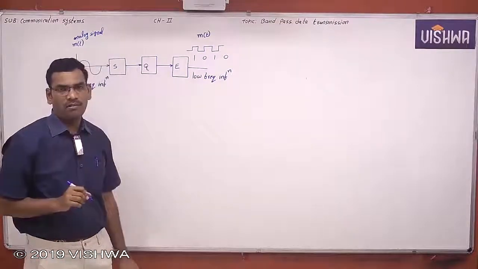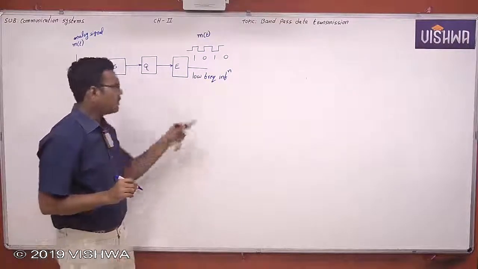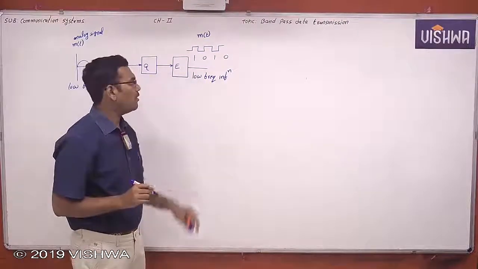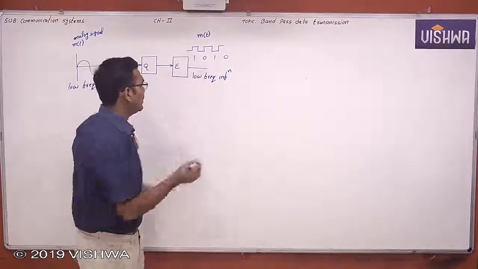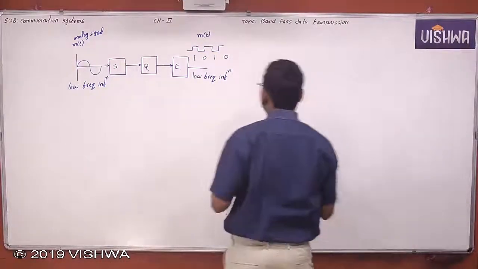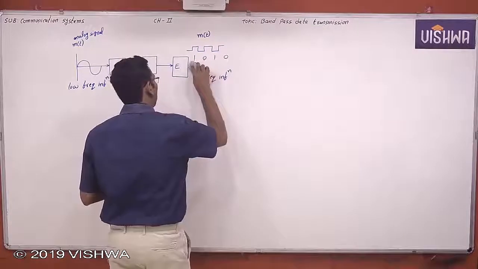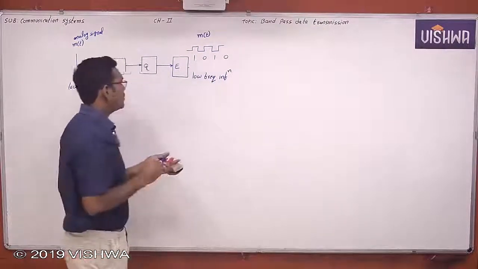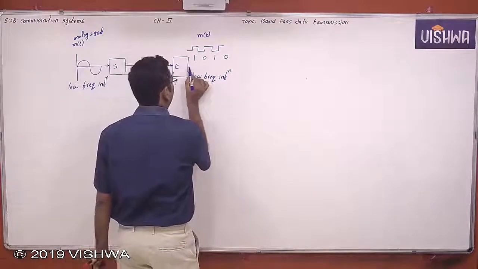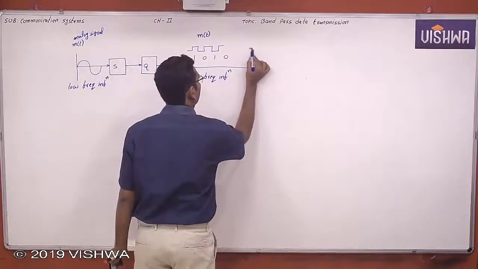So what is the problem with low frequency? You know that this low frequency information cannot be transmitted for longer distances. This binary data and these rectangular pulses, being low frequency information, cannot be transmitted through free space directly.